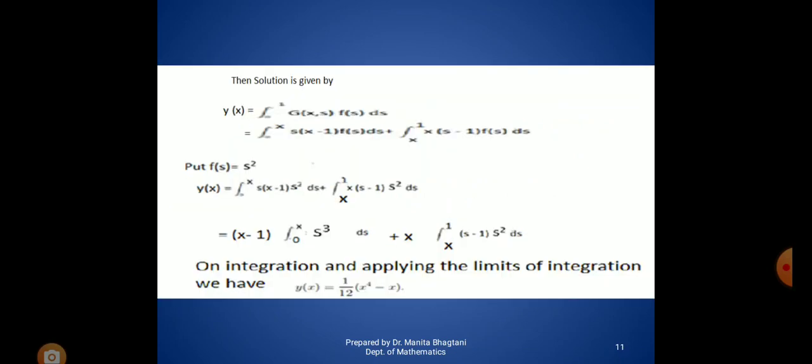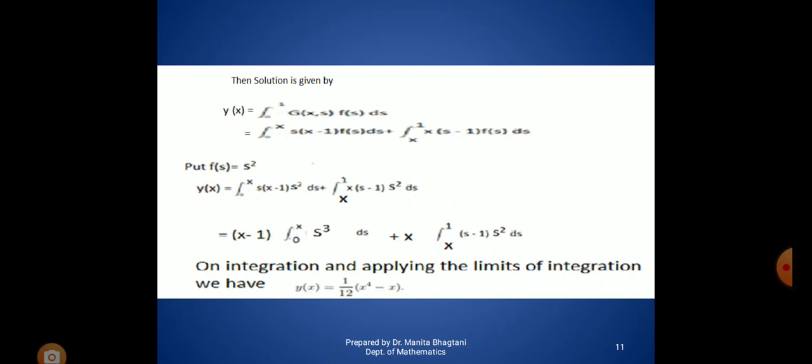The solution is given by y equals the integral from 0 to 1 of g(x,s) f(s) ds. We break it into 2 parts, 0 to x and x to 1, and putting the value of g(x,s) from above, and after this we substitute the value of f(s) equal to s², which is given in our question.